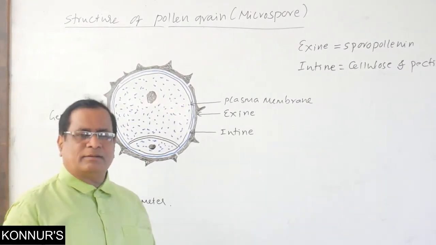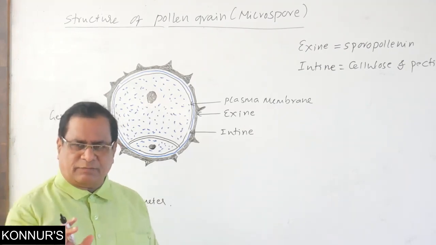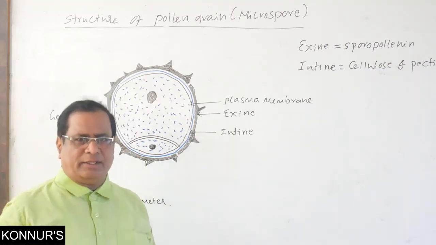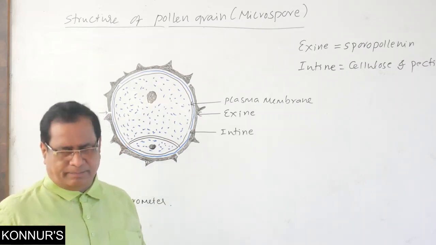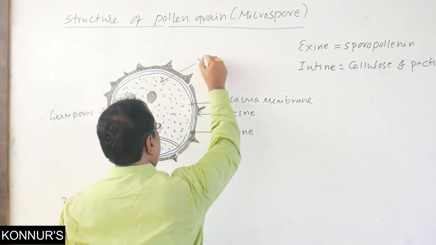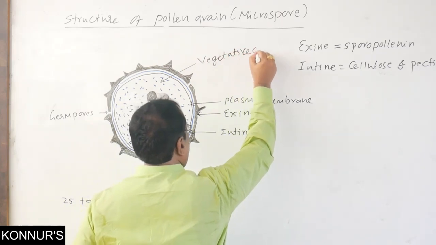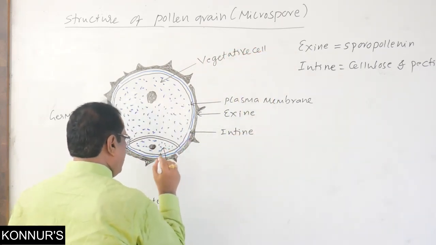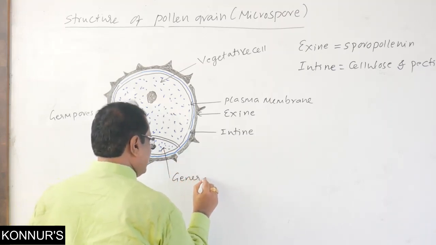In this pollen grain, when it is just formed, it is single celled. When it matures, we see two unequal cells. The larger cell is named the vegetative cell, and the smaller, spindle-shaped cell is named the generative cell.